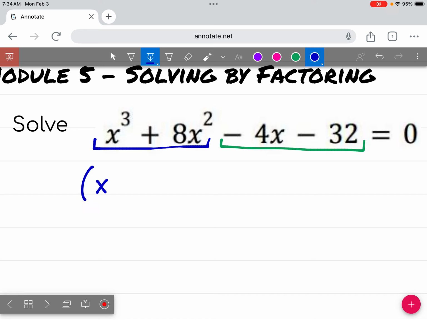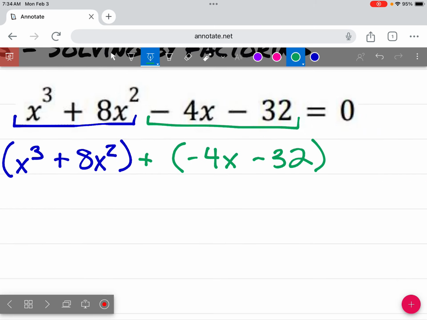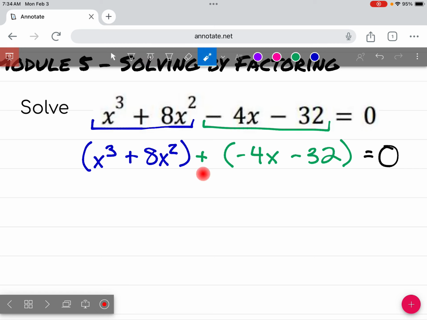So we're going to have our x cubed plus 8x squared, and then we're going to add our negative 4x minus 32. Breaking them up into pairs and putting a plus in between. You always want to have a plus there, I promise you do.